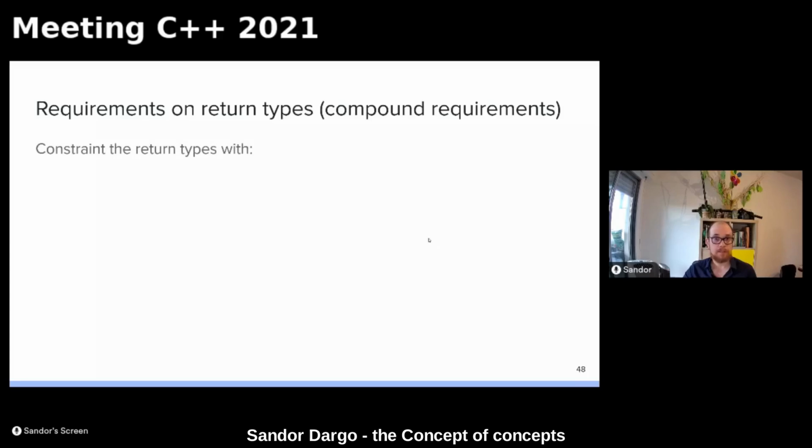You can write some requirements on the return types. We often refer to this as compound requirements. And basically, you can constrain the return types with two concepts that are shipped with the standard library. One is convertible_to, which takes two parameters, from and to, and the other one is same_as.